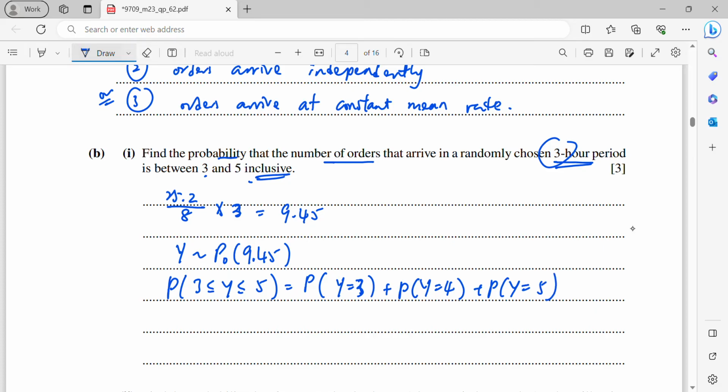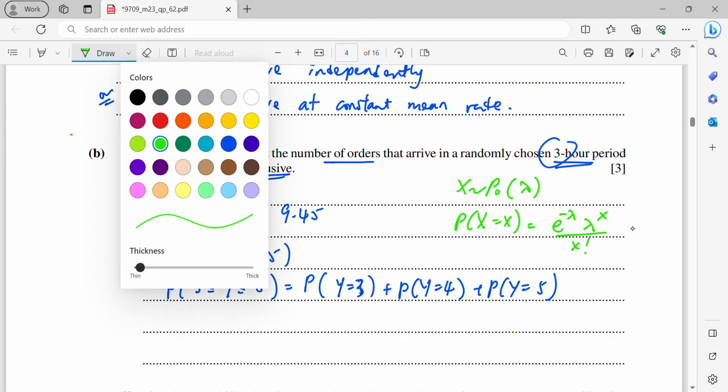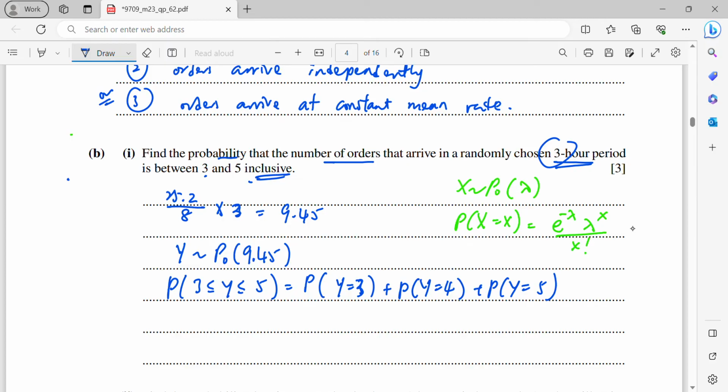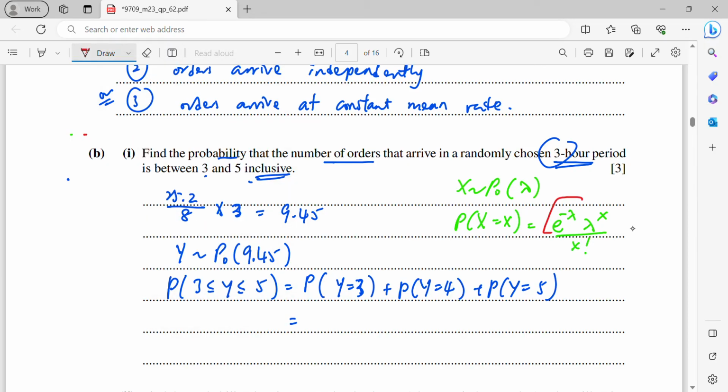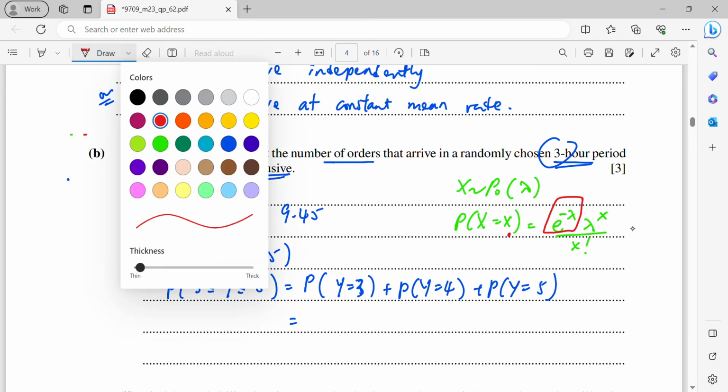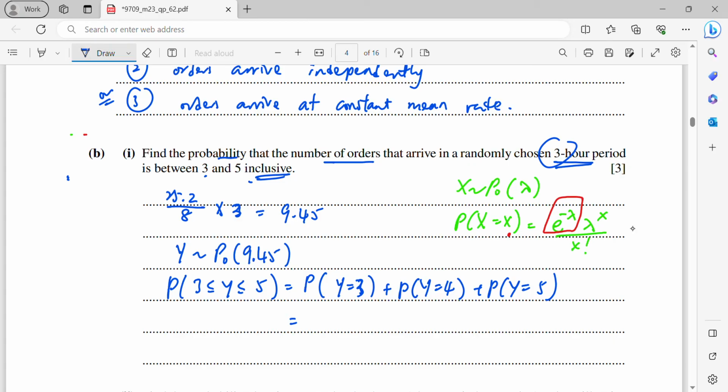Okay, so for your information, for the Poisson distribution, let's say X is Poisson(λ). So your probability of small x equals e to the power of minus λ, times λ to the power of x, over x factorial. So that is my Poisson formula. You should understand that e^(-λ) is a constant. Our variable is the x, which means now I can factorize the e^(-λ) for all these 3 probabilities.